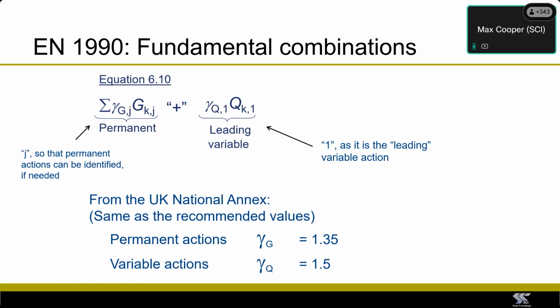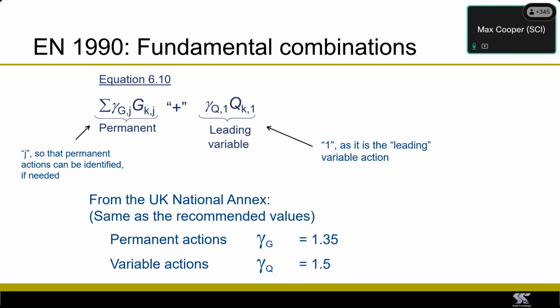When I say most, I mean the most common situations, for example, if you're designing a floor, you want to consider the occupancy load, but obviously it's going to be an internal space, so you don't need to deal with wind or snow. So I think it's helpful to just build up by looking at a single leading variable action.